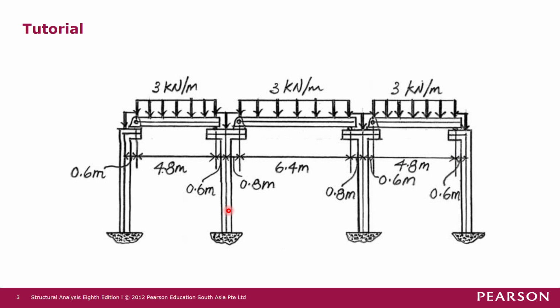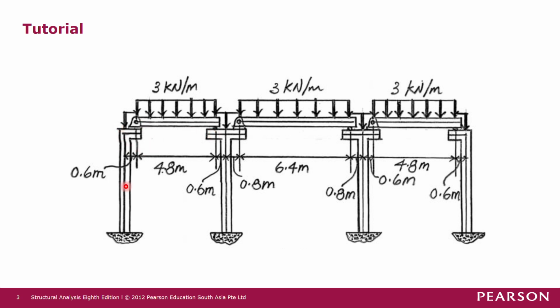In this particular tutorial question, we are asked to determine the internal moment at joint A, and also the internal moment at joint B. In this case, for the joint A moment, we're going to take this beam as a free body diagram and analyze it for its support reactions, and the support reactions will become an action on the cantilever part of the girder.